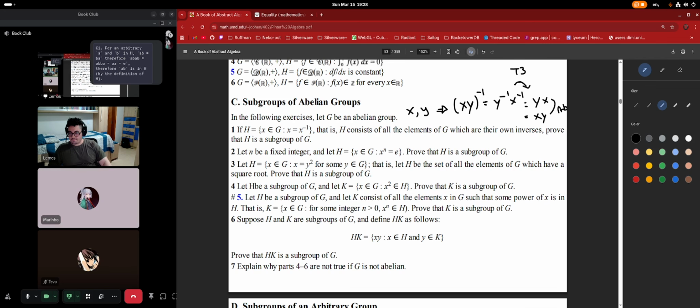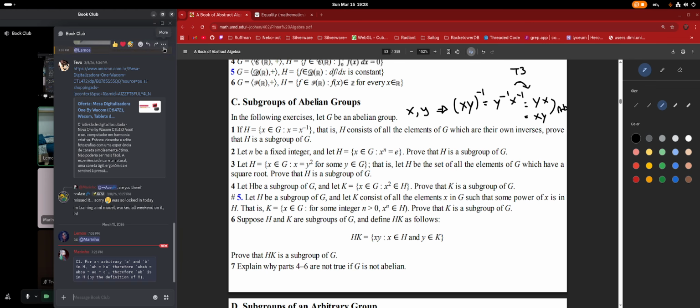Okay, let's read that. For arbitrary A and B in H, AB equals BA, therefore ABAB is equal to ABBA, which is equal to AA, which is equal to E. Therefore, AB is in H by the definition of H.